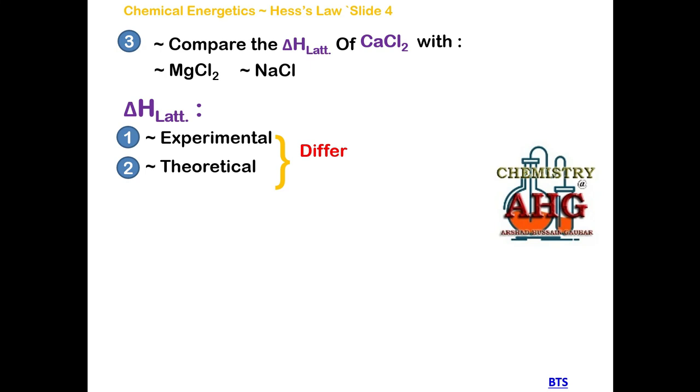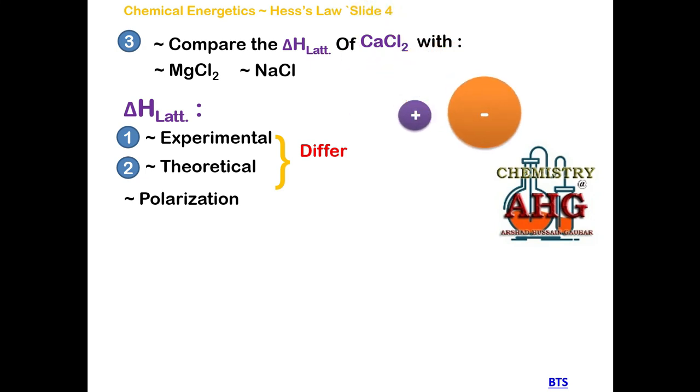In every ionic compound, there is a small percentage of covalent character, and that covalent character comes due to a process. What is that process known as? Polarization. Do you remember? Okay, if you don't, I'm just giving you a brief explanation. What is polarization? You know, ionic compounds are made up of a combination of positive and negative ions.